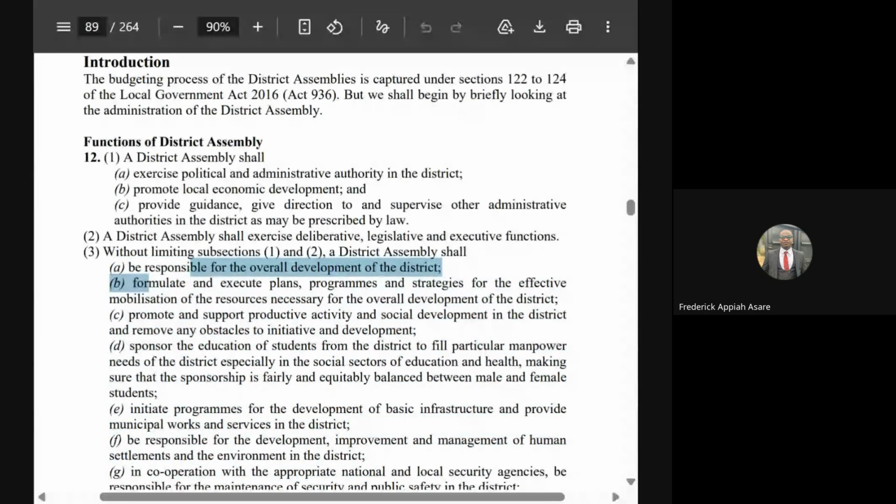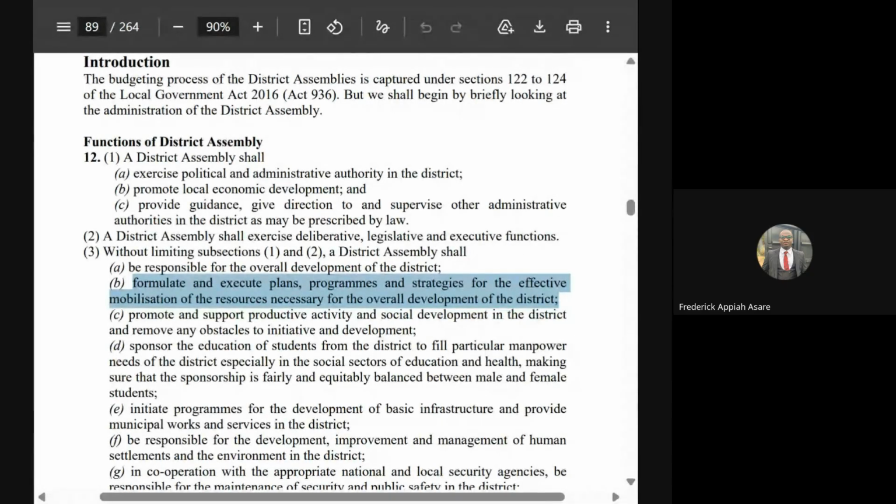They are responsible for the overall development of the district. They formulate and execute plans, programs, and strategies for the effective mobilization of resources necessary for the overall development of the district. So you realize that the roles that the government does at the central level, when it comes to the district level, it is the district assembly that is responsible for it.